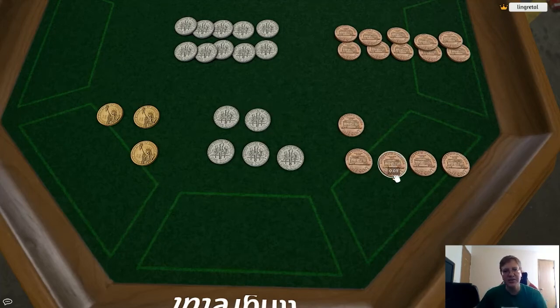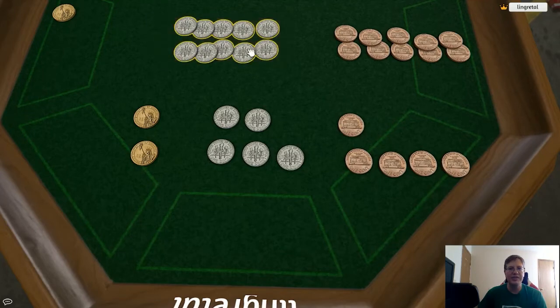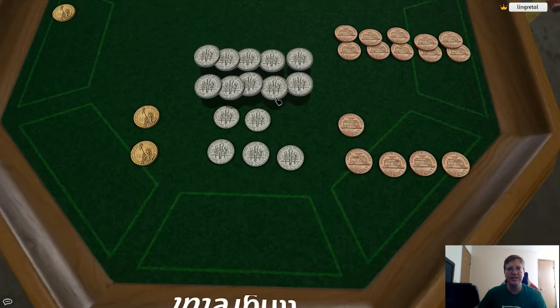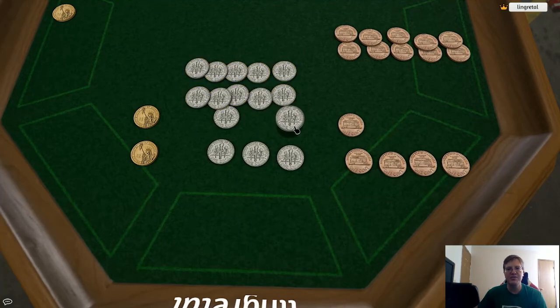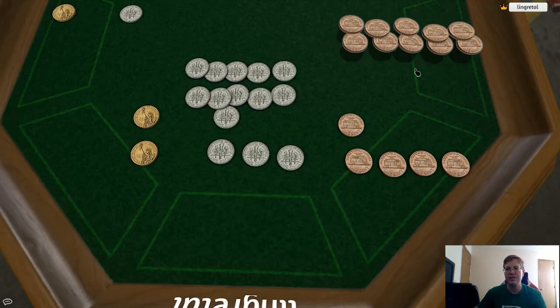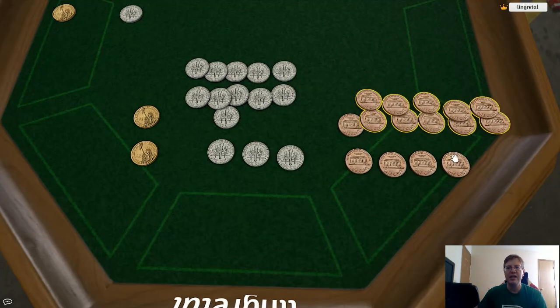And so here's what that would look like. So I'm going to go ahead and take away my dollar coin and replace that with 10 dimes. So I'm going to scoot these down here. One of these dimes is going to become 10 pennies. And so now I have everything that I need to do to go ahead and finish my subtraction problem.